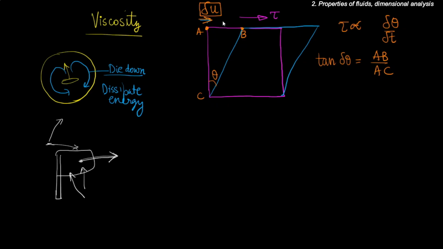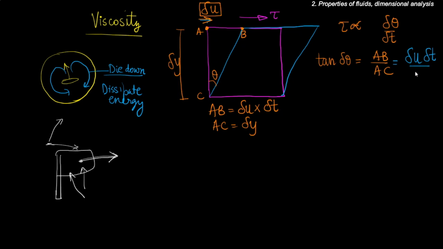So delta U over a time delta T will cause point A to move a distance delta U times delta T. Therefore AB is equal to delta U times delta T, while AC is equal to delta Y, that is the height of the box. Therefore we can write this as delta U delta T upon delta Y.